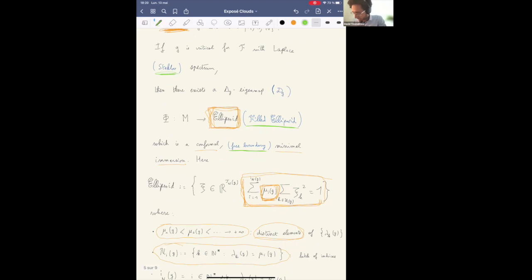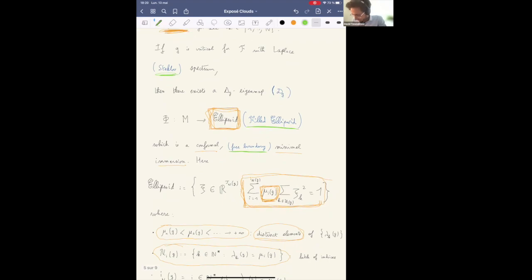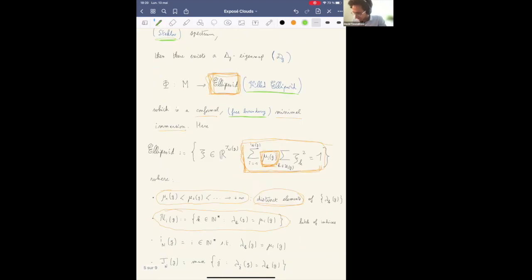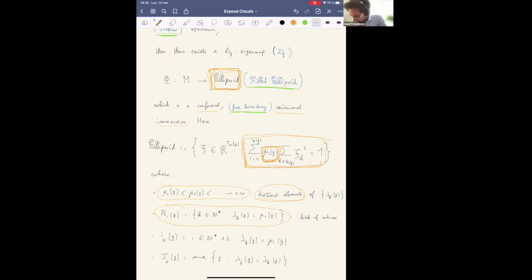Okay. And so I think I've introduced other notations here, and going on, I'd like to comment a bit on them.